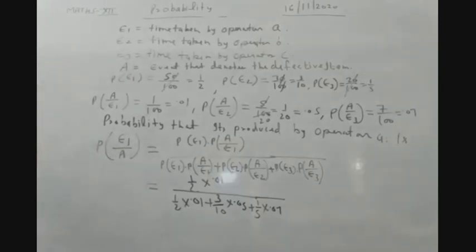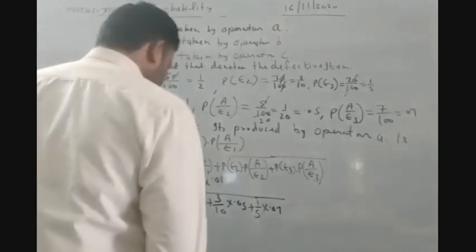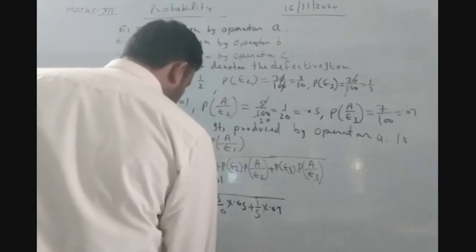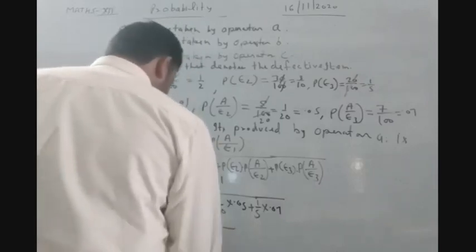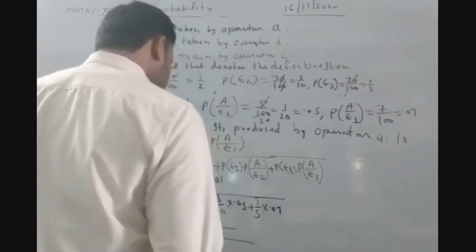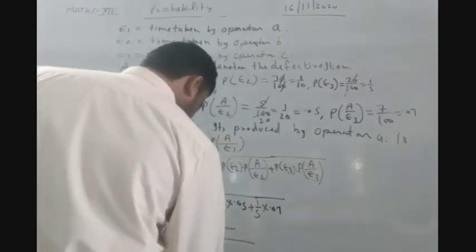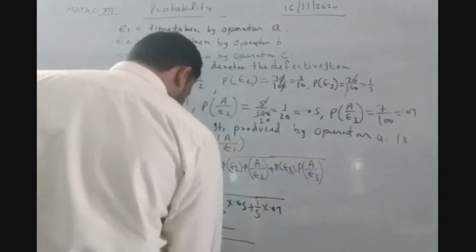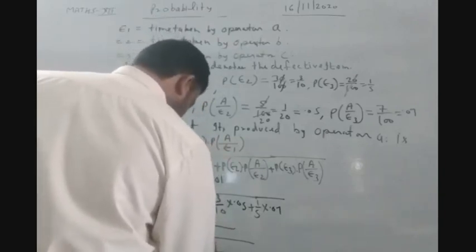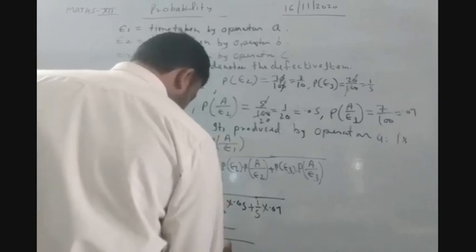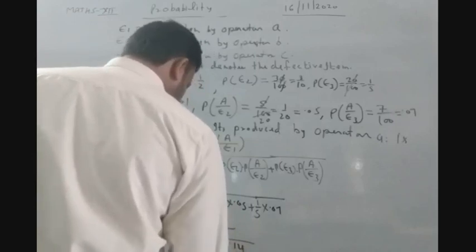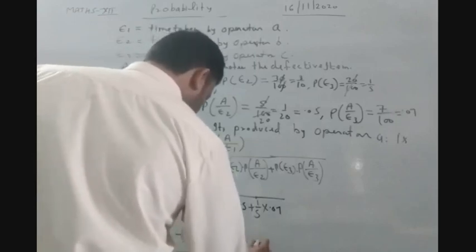So let us take the LCM and solve this. We get 0.01 divided by 2, whole divided by, the LCM of this will be 10. So we get 0.05 plus 0.15 plus 0.14, and this will be cancelled.